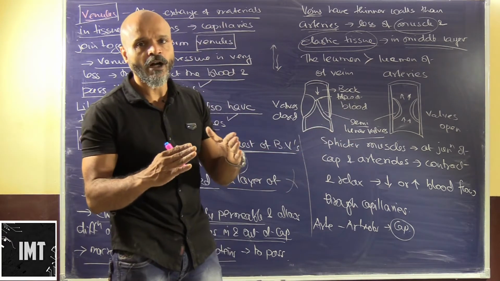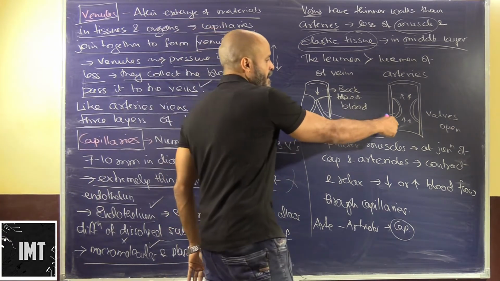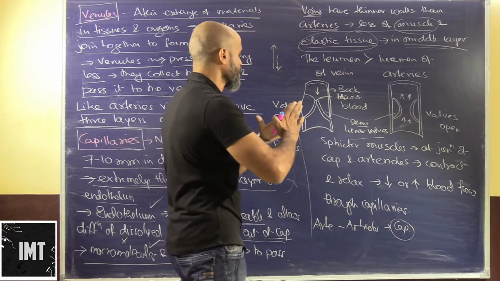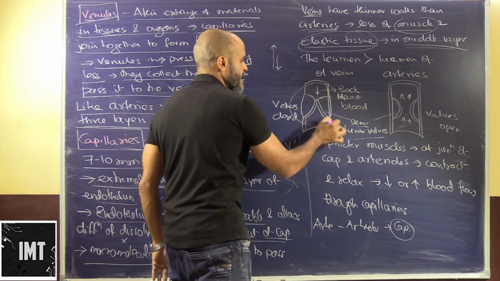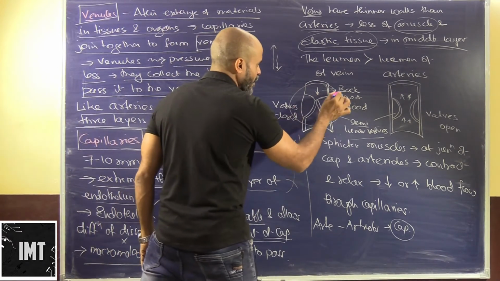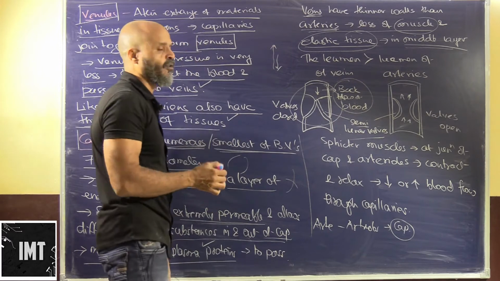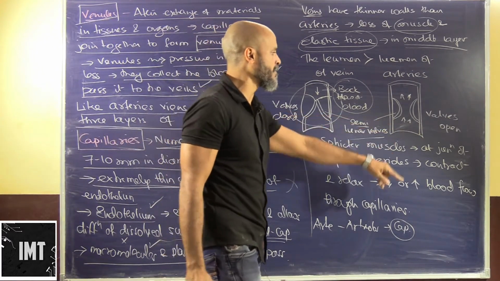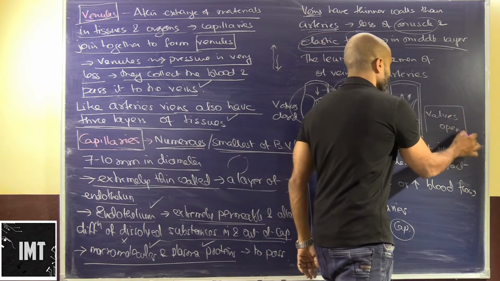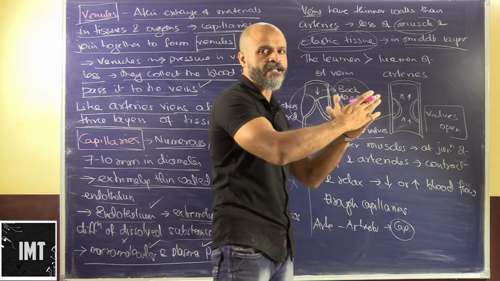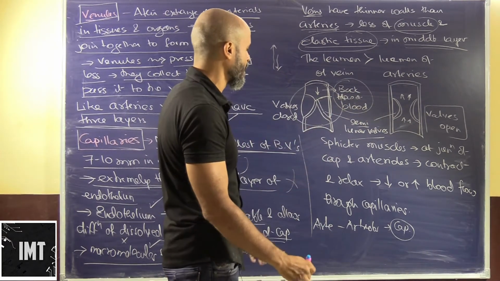In order to avoid this, the moment the blood crosses, these semilunar walls close. There is a certain bulge that develops into the veins. So this closing of the walls prevents the backflow of blood. The walls open, the deoxygenated blood moves up, and immediately they close, so that backflow is avoided.